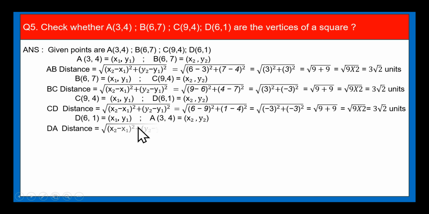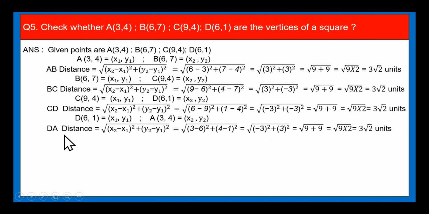And DA distance, or the length of the side DA, is equal to, again by the distance formula, root over (x2 minus x1) whole square plus (y2 minus y1) whole square. x2 is 3 and x1 is 6. (3 minus 6) whole square plus (y2 minus y1) whole square means (4 minus 1) whole square. 3 minus 6 is minus 3 whole square. 4 minus 1 is plus 3 square. Minus 3 whole square is plus 9 and plus 3 square is plus 9. 9 plus 9 is 18. 9 into 2 means again 3 root 2 units. You see, all the four sides of this quadrilateral are equal.